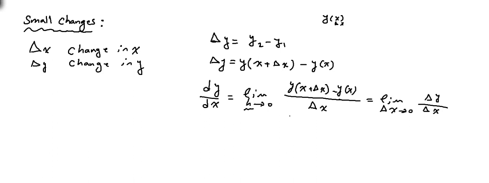So dy over dx is approximately equal to delta y over delta x.